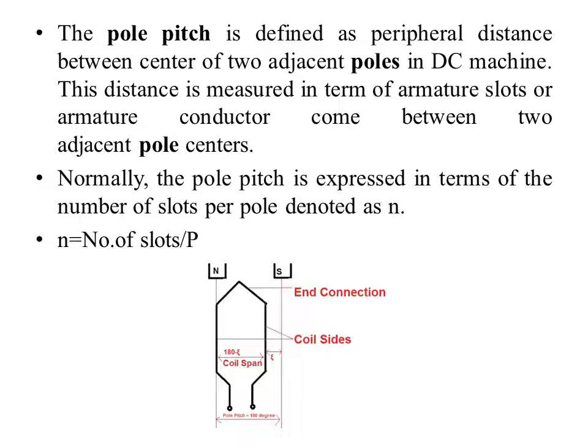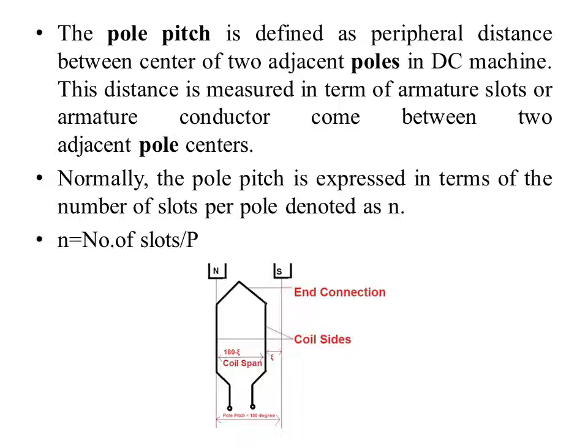You can see here, pole pitch means the number of slots. For example, there are 9 slots under a single pole. If you connect a conductor from the first slot to the 9th slot, the EMF generated between those two conductors has a 180-degree electrical phase difference.